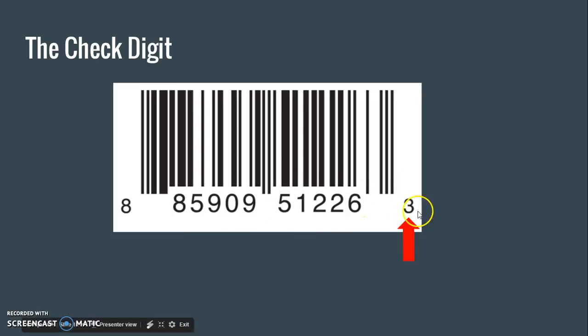This last number right here is the check digit. The purpose of the check digit is to prevent fraud, because some people try to get away with paying less for things by creating their own UPCs and putting them on products.